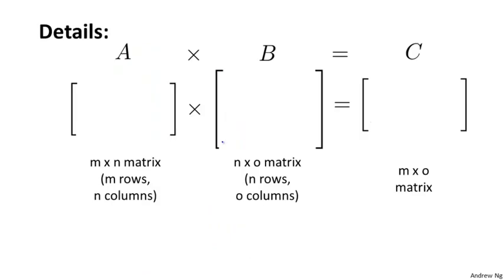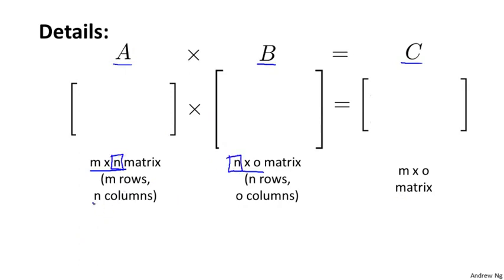Here are the details. I have a matrix A, and I want to multiply that with a matrix B, and the result will be some new matrix C. You can only multiply together matrices whose dimensions match. So A is an m by n matrix, so m rows, n columns, and I'm going to multiply that with an n by o matrix. This n here must match this n here.